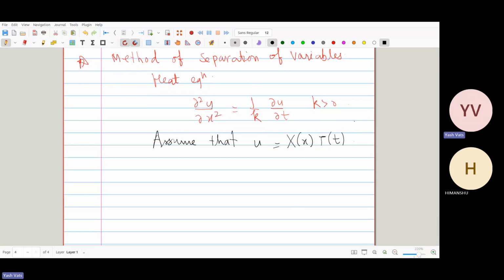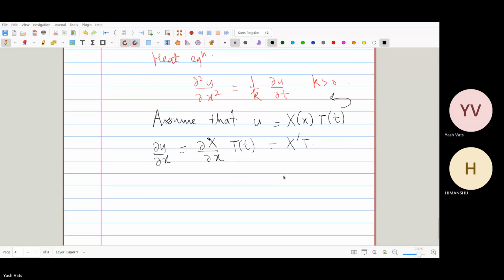And then you just have to substitute it in the equation. So what is del u over del x? It is basically del X over del x, and T remains the same. So it is X dash T. And what is del u over del t? That is X, you keep it out, and del T over del t. So that's just X T prime.